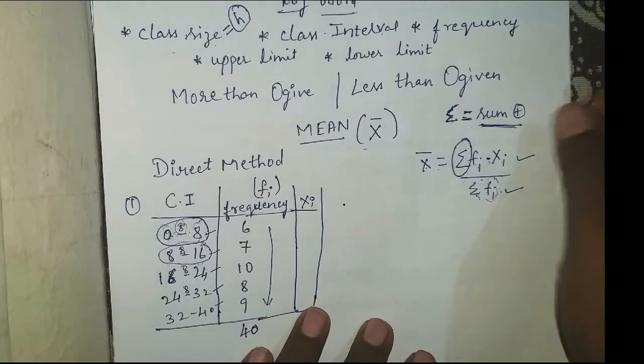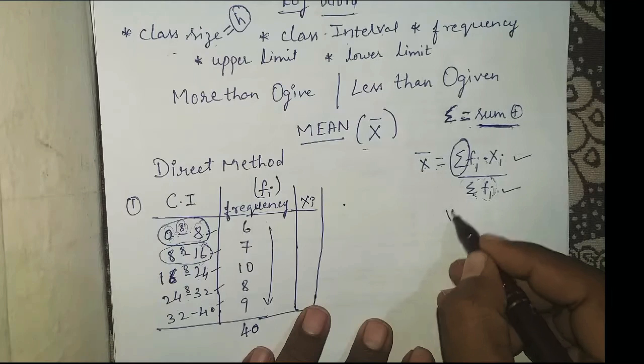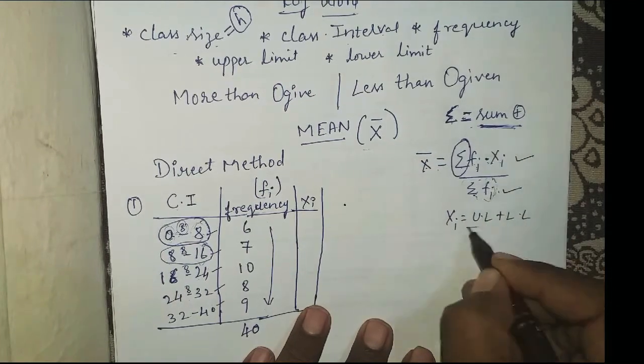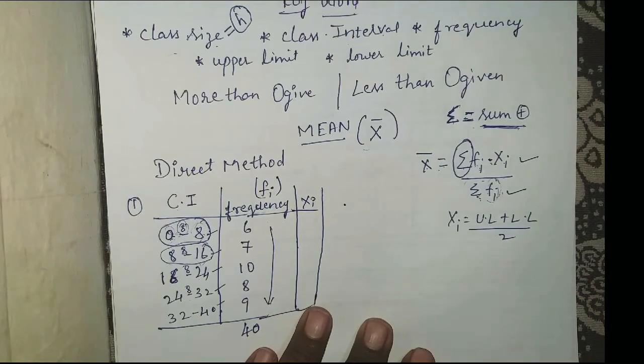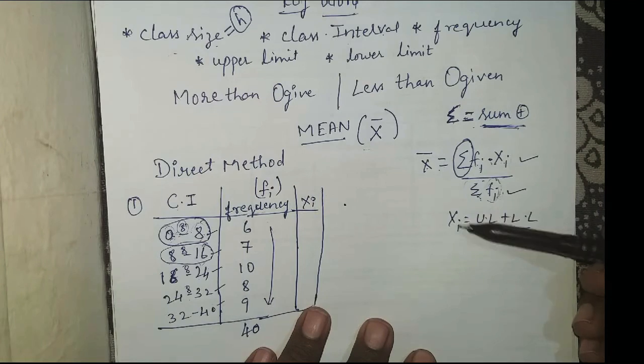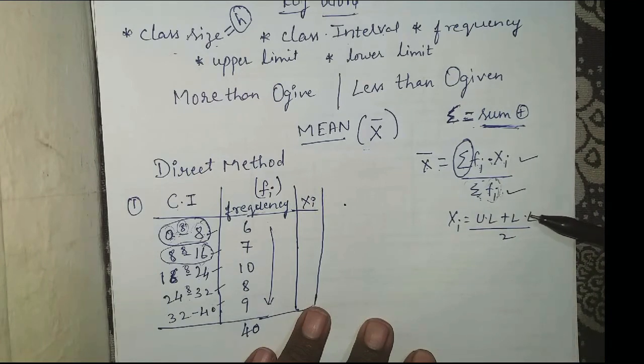this is the first formula. xi is equal to upper limit plus lower limit by 2. In the 3 extra formulas, this is the first formula. Got it?